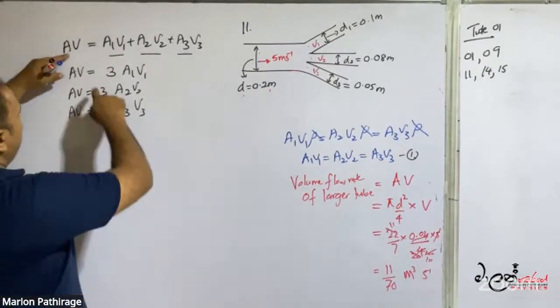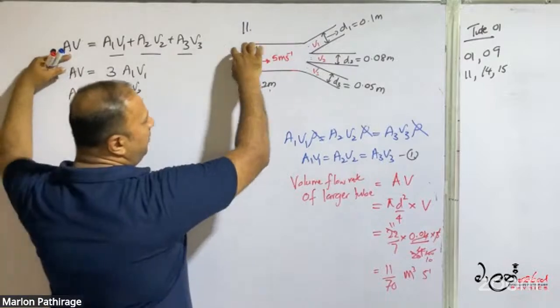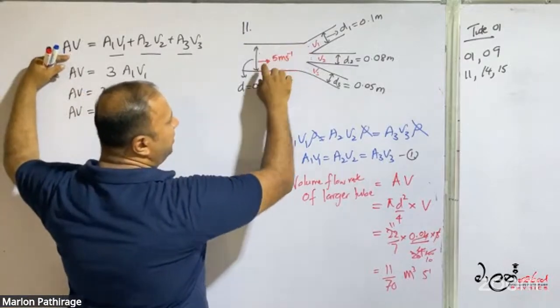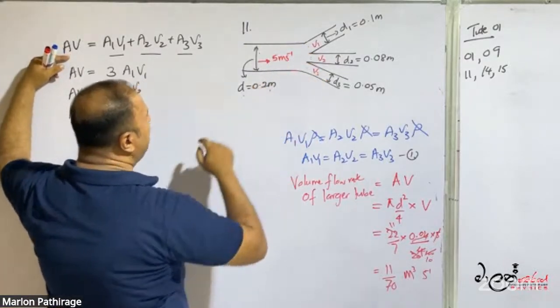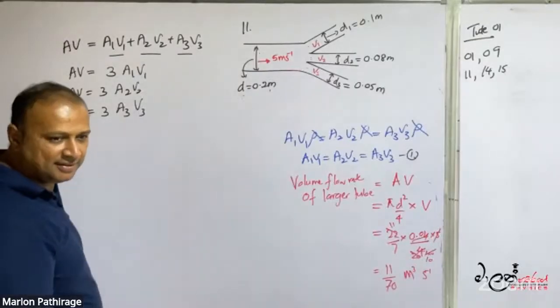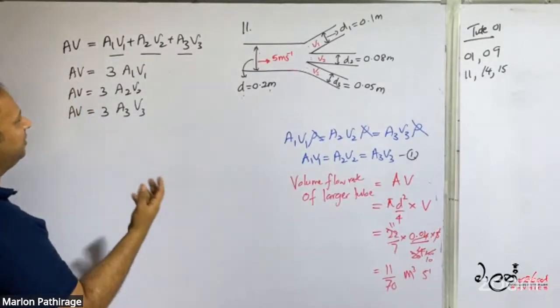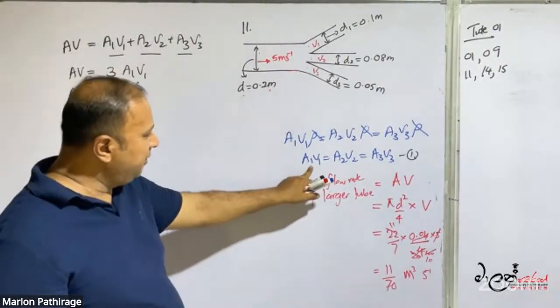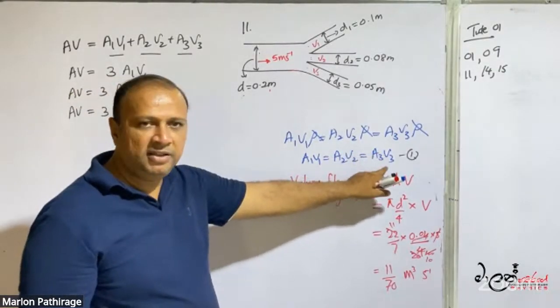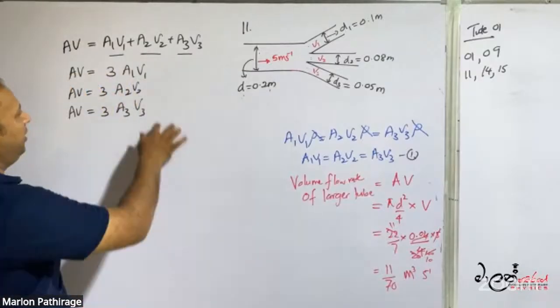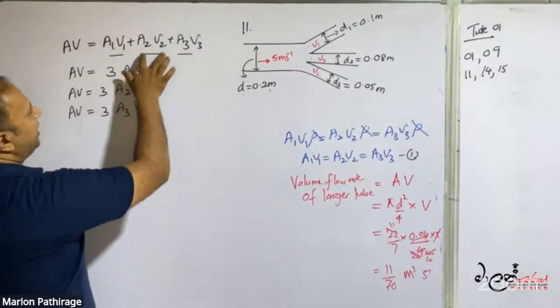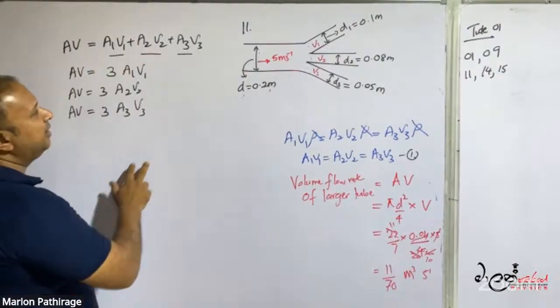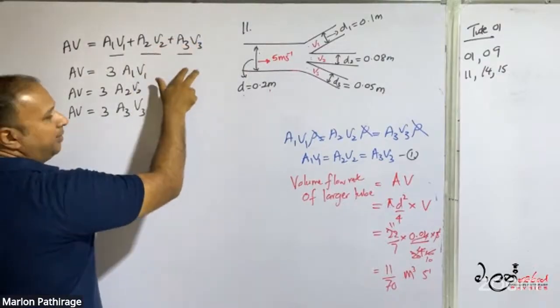මේ equation of continuity ගත්තේ පුතේ මේ පැත්තෙන් එන volume flow rate එක මේ volume flow rate වලට අපි equal කරනවා. ඊළඟට අපි දන්නවා A1 V1 = A2 V2 = A3 V3. Therefore instead of A2 V2 I can write A1 V1, instead of A3 V3 I can write A1 V1.